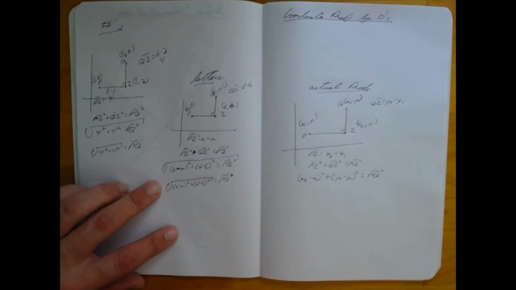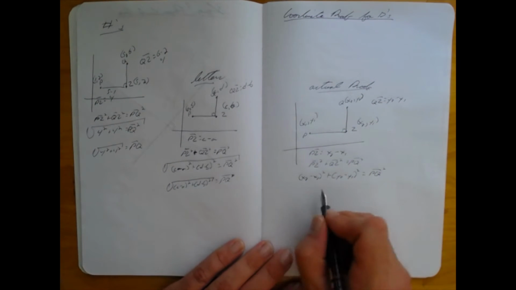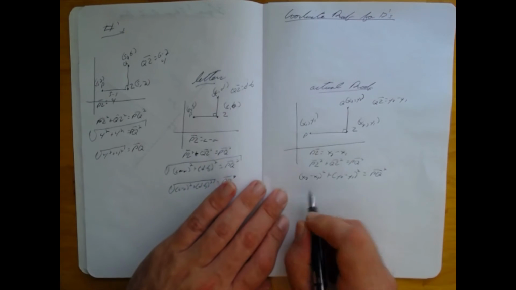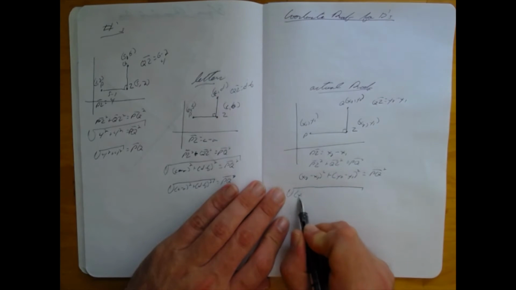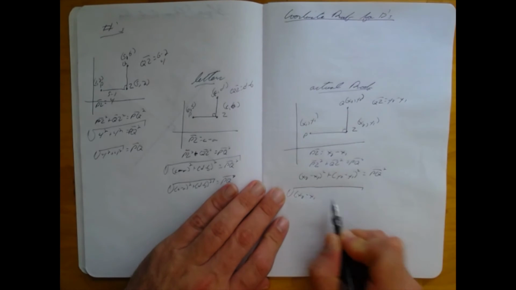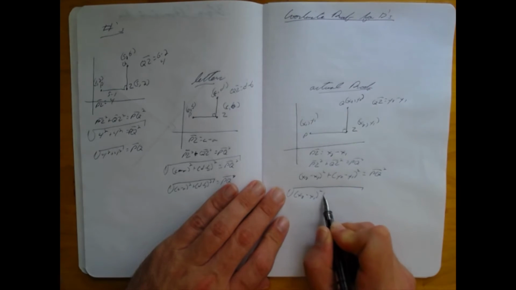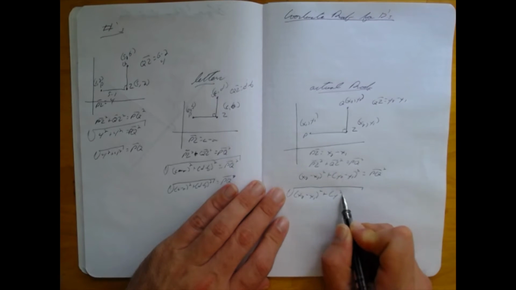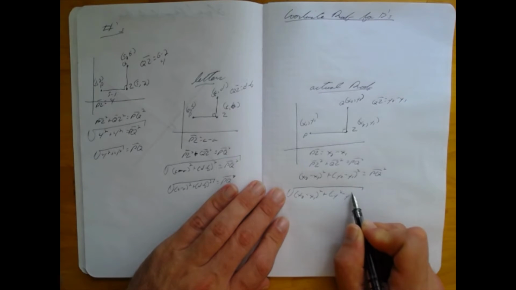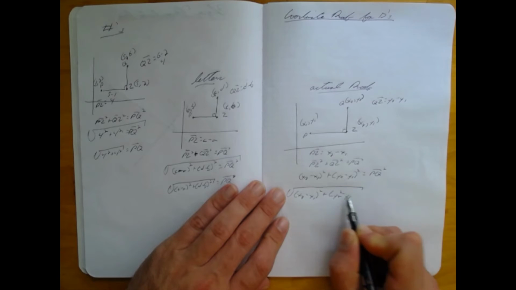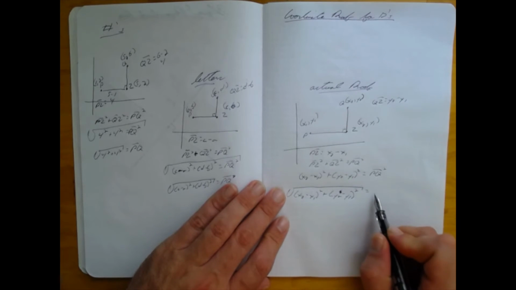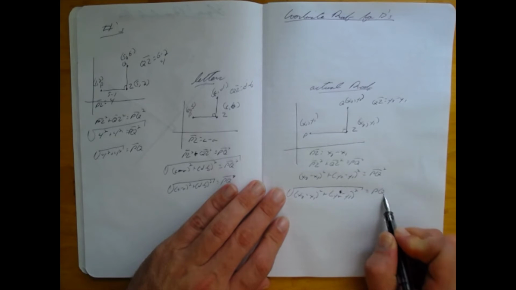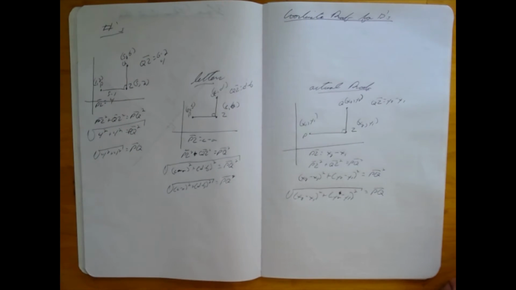Again, just square rooting both sides. So that same square root of both sides is going to give me the square root of x sub 2 minus x sub 1 squared plus y sub 2 minus y sub 1 squared is equal to the length of PQ.